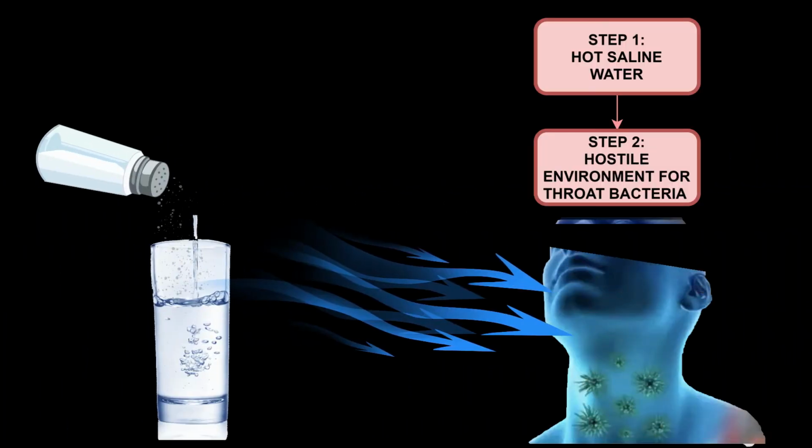Now, when you do salt water gargles, hot salt water gargles, it creates a hostile environment, an environment which is not conducive for the survival of this bacteria in the throat. And when you do these saline gargles 2 or 3 times a day, it helps in killing Staphylococcus aureus by creating this hostile or non-conducive environment for the infective organism.